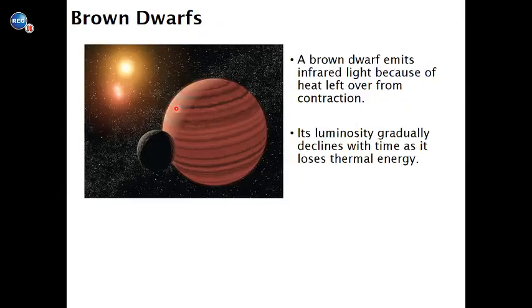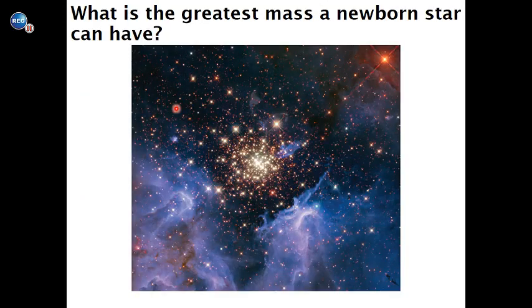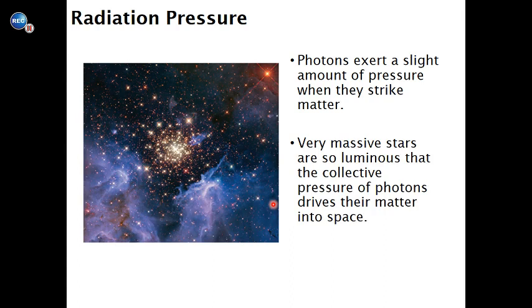So for massive stars, there's a limit to the size of the star because of the amount of energy that's produced. And the process looks like the photons are just pushing the matter away.